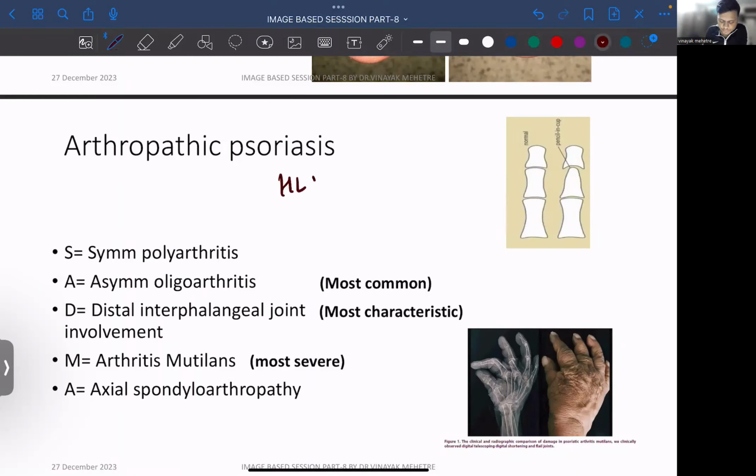Whatever the arthritis, if you don't know the answer, mark this one: HLA B27. Over here also the answer is HLA B27, right?